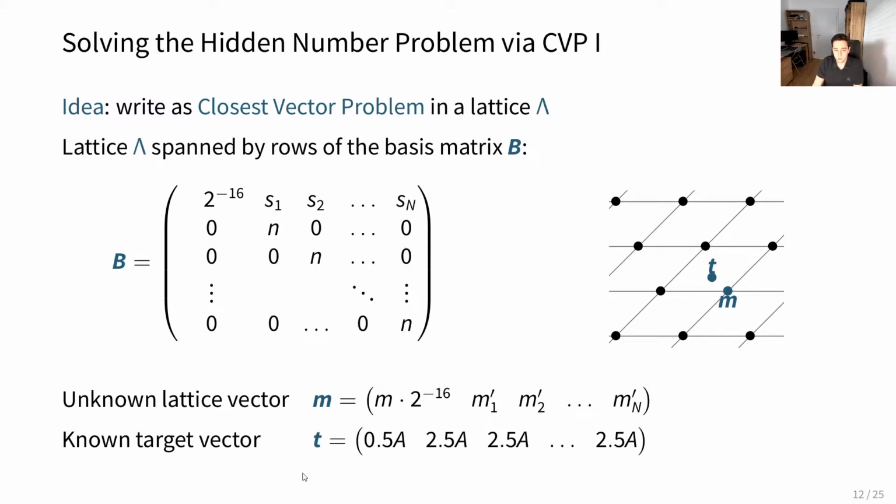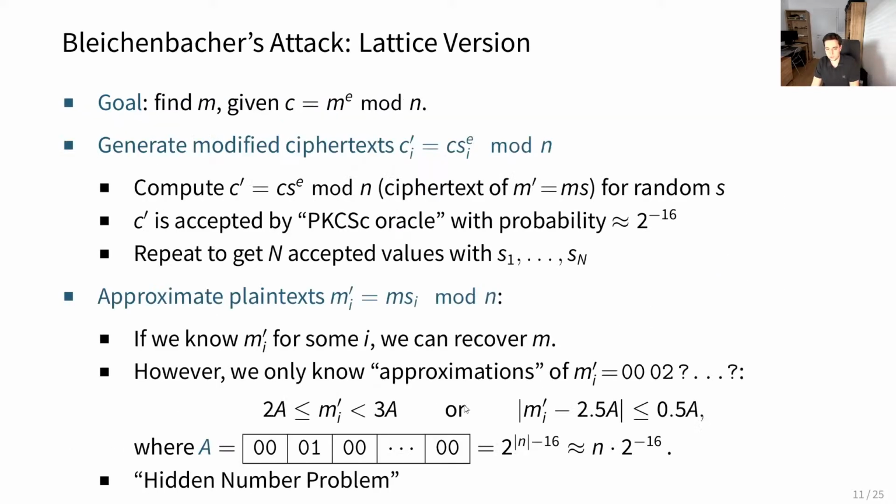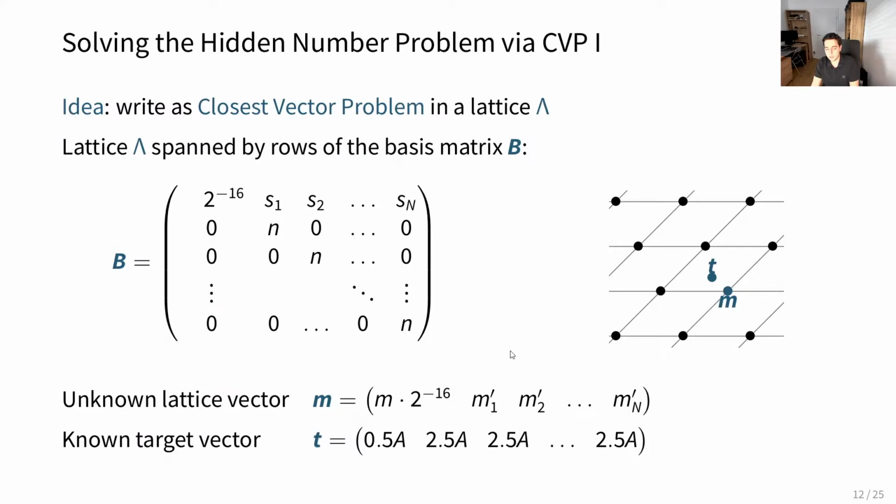But what we do know is this target vector t, which is constructed using these relations here, such that it is very close to this m. And now we hope that if we input this lattice, which we can do because we know all these values, and this known target vector into a closest vector problem solver, the answer we get, the closest vector, actually is m, the thing we're looking for.